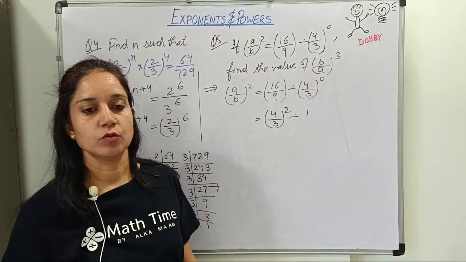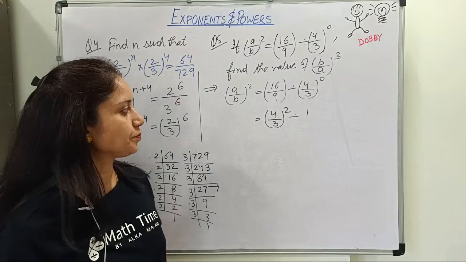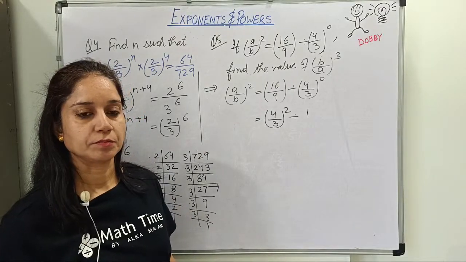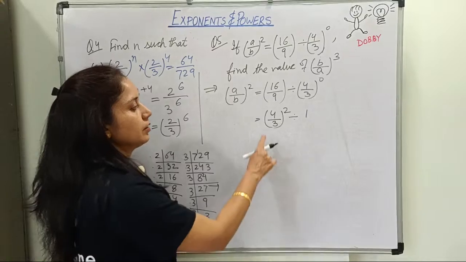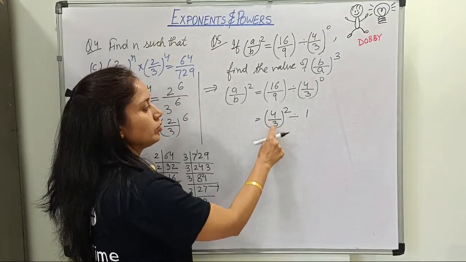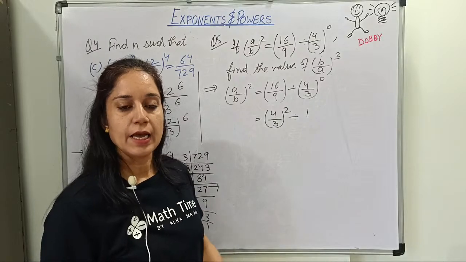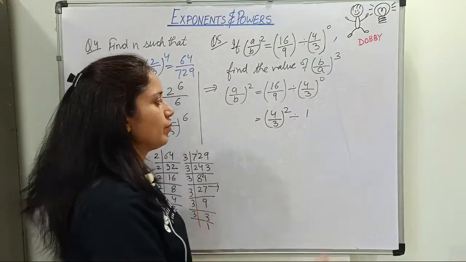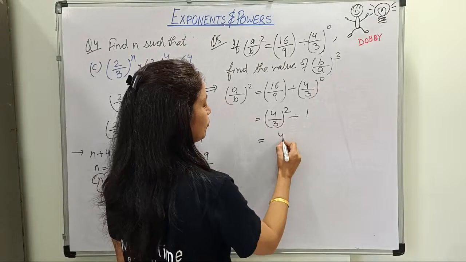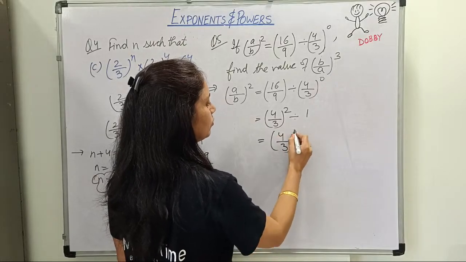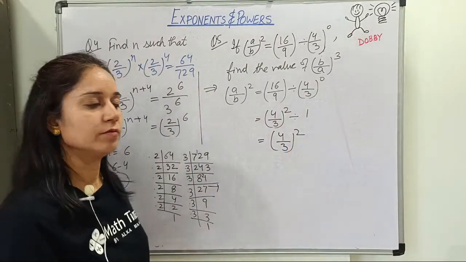Yes, Avipsa, Huma, Manya, all are correct. Now, 4 upon 3 whole square divided by 1. Any number divided by 1 is the number itself. So that means it is equals to 4 upon 3 raised to the power 2 divided by 1.